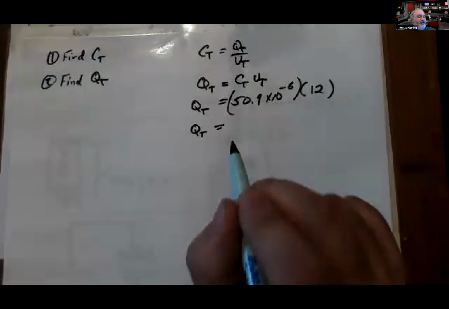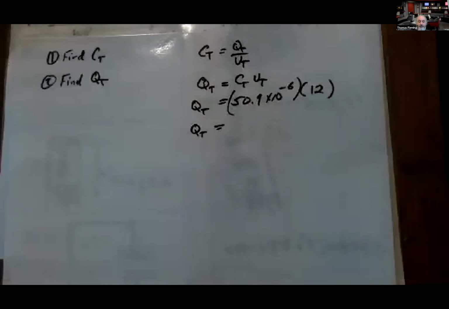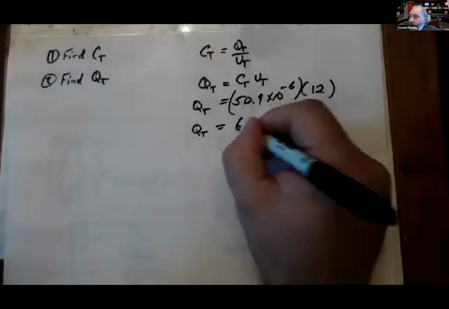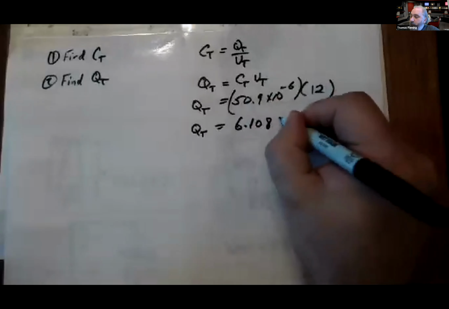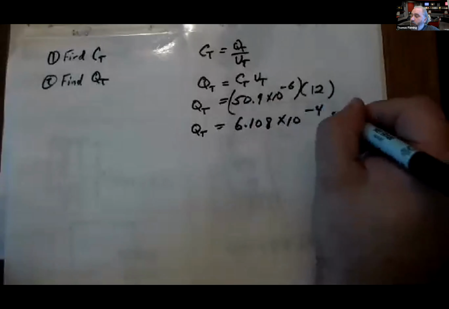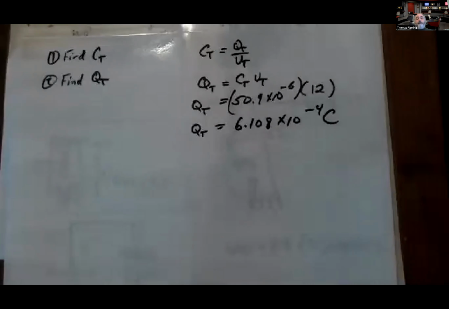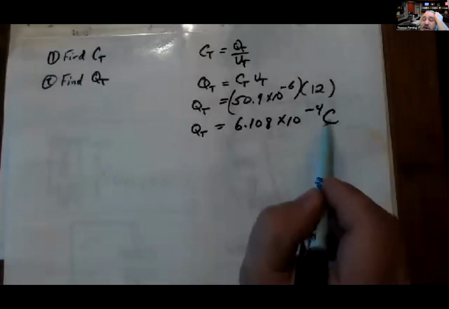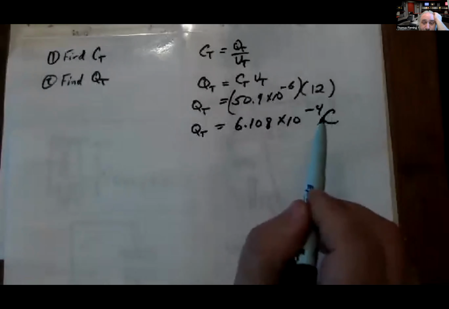So the total charge coming out of the battery is going to be about 6.1 times 10 to the negative 4 coulombs. So that's what's coming out of that battery. We know what's coming out of the battery.